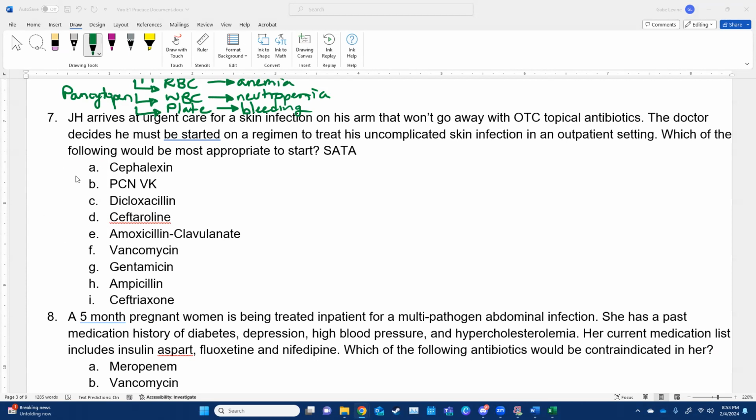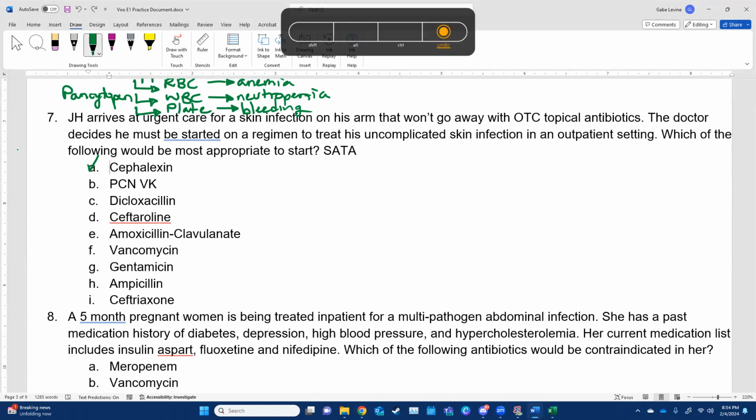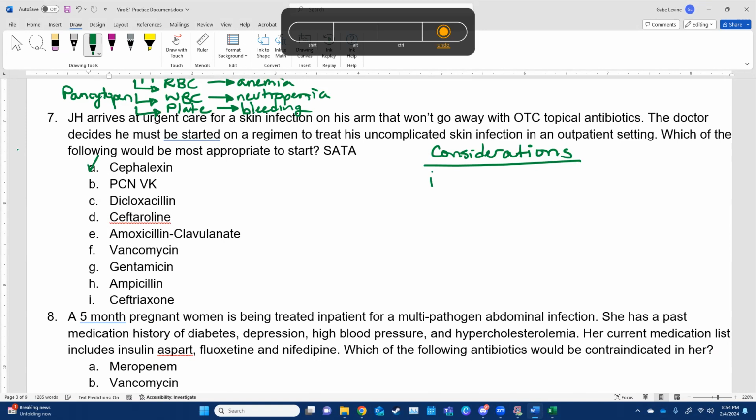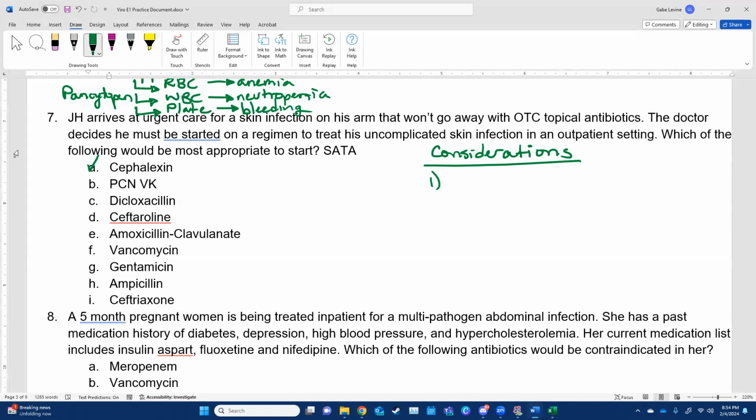Keflex. Can we give this in an outpatient setting? Yeah, 100%. Keflex is an oral drug. So there's actually two components of this we have to talk about. What are the two things that we have to consider for this problem? What's the first major consideration?